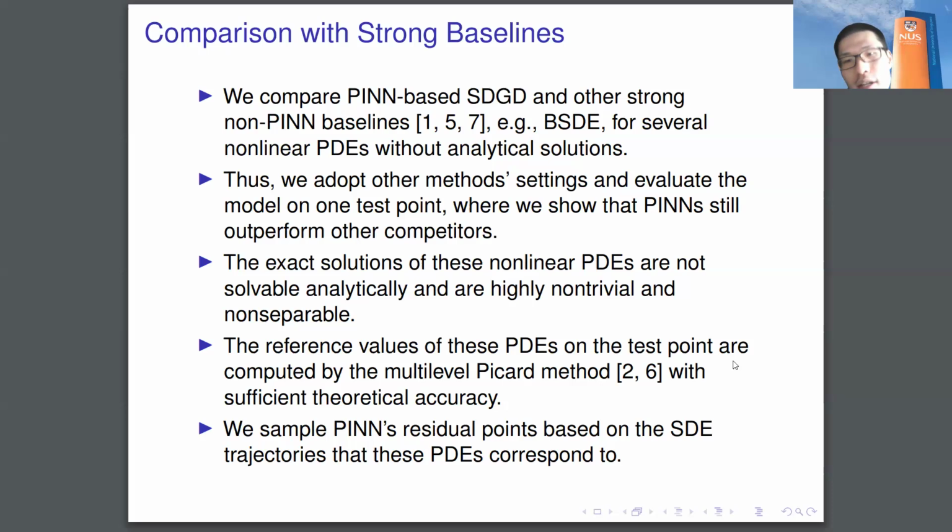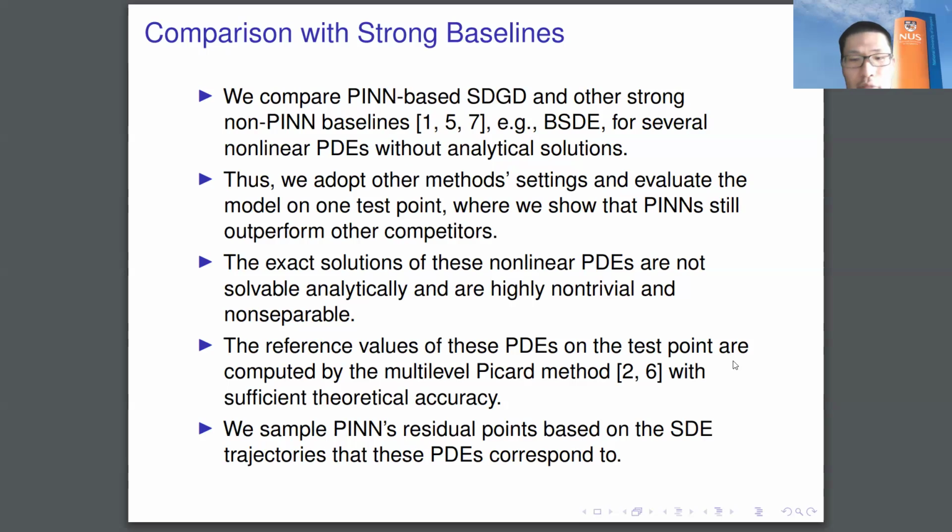We will use some nonlinear equations whose exact solution is unknown. Previously we designed a fabricated solution and then plugged it into the equation. In this case, we do not know the exact solution, and it will be highly non-trivial and non-separable. The reference value of these PDEs at the test point will be computed by a multi-level Picard method with sufficient theoretical guarantees. The multi-level Picard method is also tailored for second-order parabolic PDEs, and it cannot work for general PDEs.